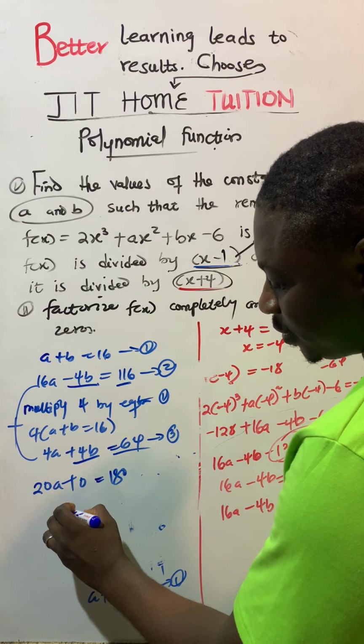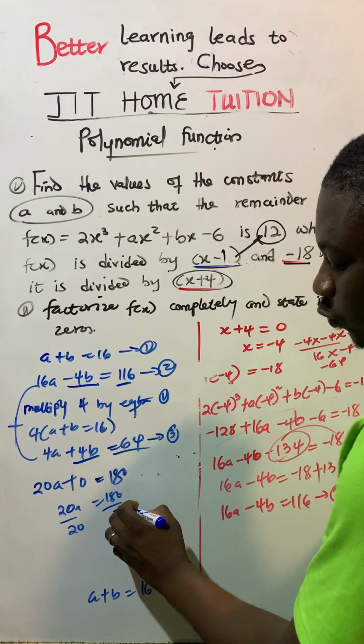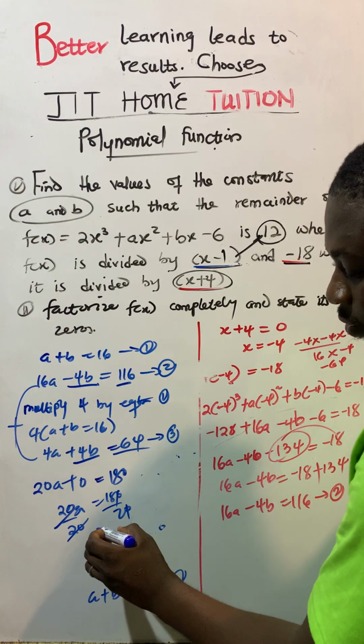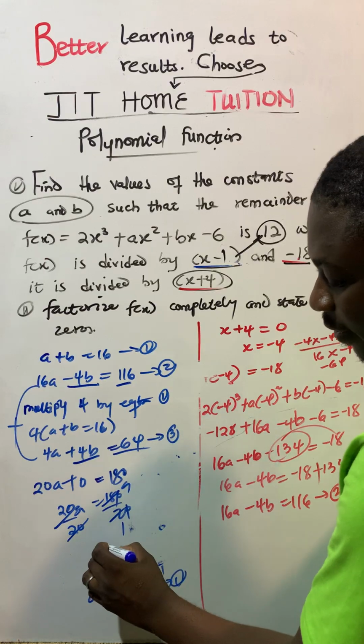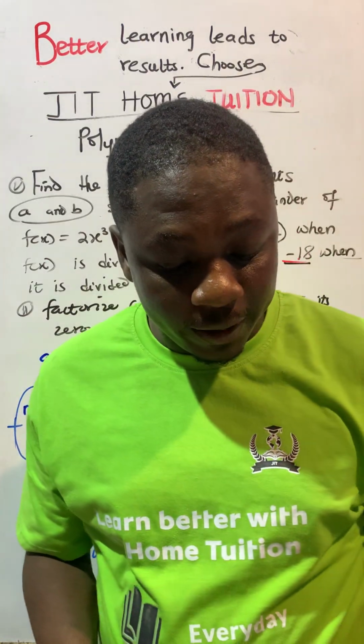So 20a equal to 180. You divide both sides by 20. A is equal to what? 9. That is the value for a.